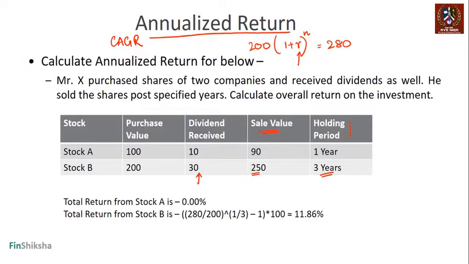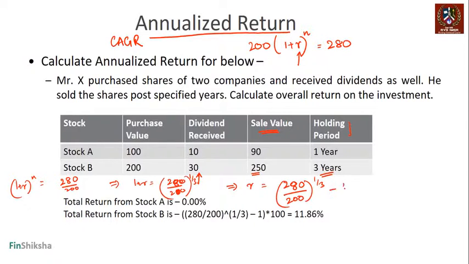So it works out to be 1 plus R to the power n, in this case n being 3, equal to 280 by 200. You take the nth root, the third root, so 1 plus R is equal to 280 by 200 raised to the power 1 by 3. I made a mistake in the denominator and numerator earlier. Take 1 to the other side, so R is equal to 280 by 200 raised to the power 1 by 3, minus 1. That's the equation you arrive at.